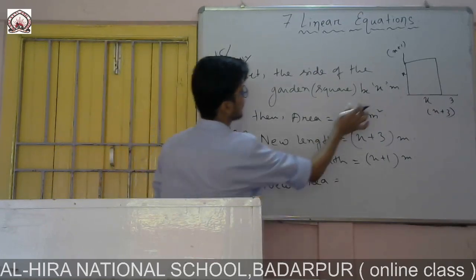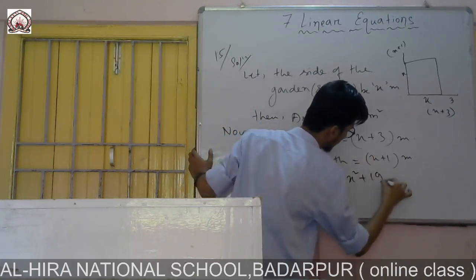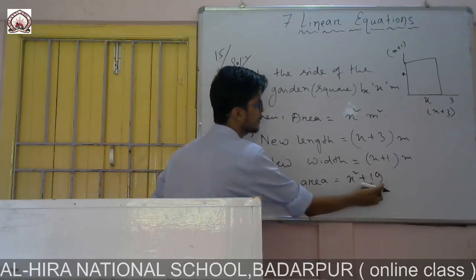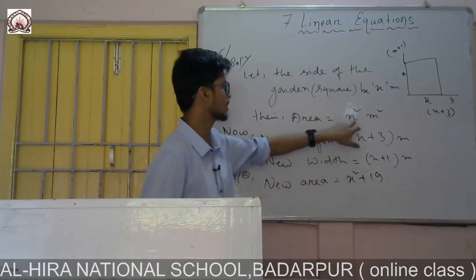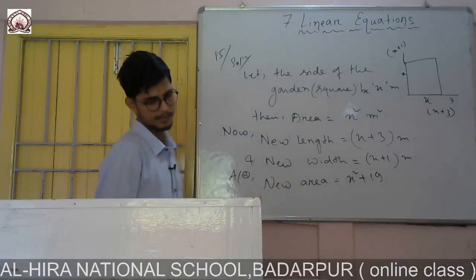The old one was x square, so I will write x square plus 19. The new area will be 19 square meter more than the old one.